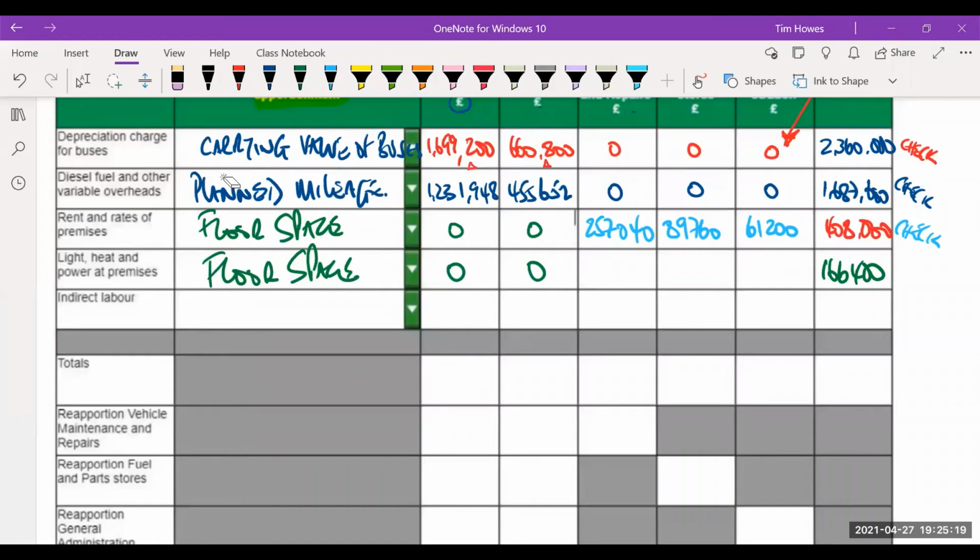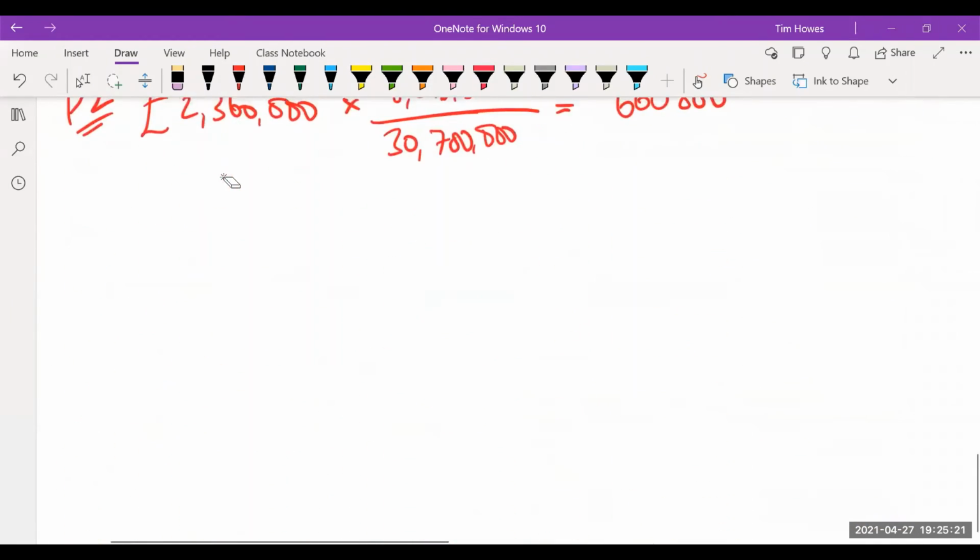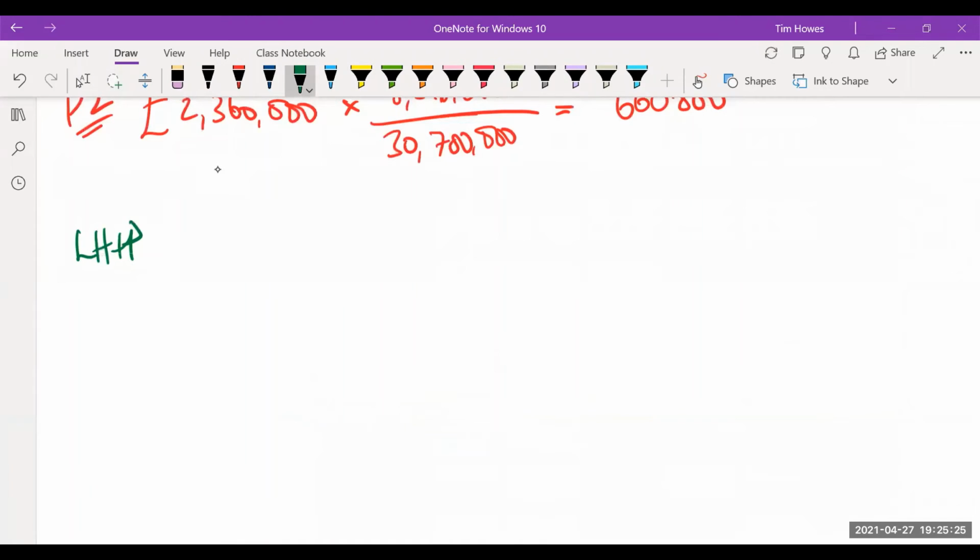Yep. Okay, let me just do another one of the calculations then. So what is this one? This is light, heat and power. Okay, just once more, Judy, no worries, here I come. So I am taking, for light, heat and power, we're using the floor space. So the figures of floor space were, correct me if I'm wrong, for S1, 21, and in fact, let me put the total figure in first.